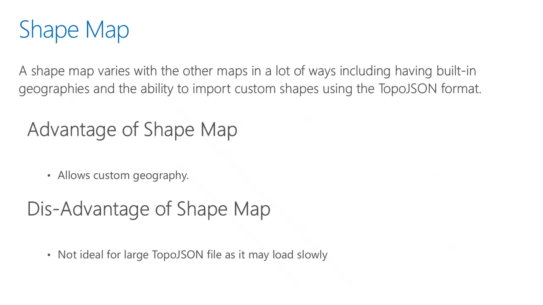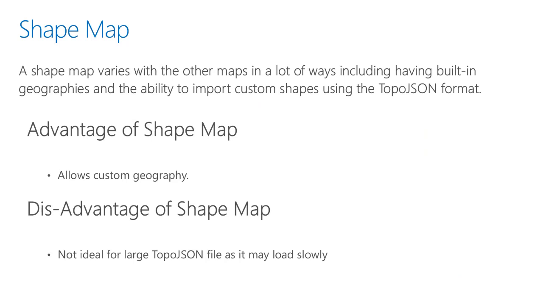What this means is that if you want to show information of one continent or maybe even a specific country, down to a district, even to a zone, this is the map you go for. It's very flexible, and that's why we love it.